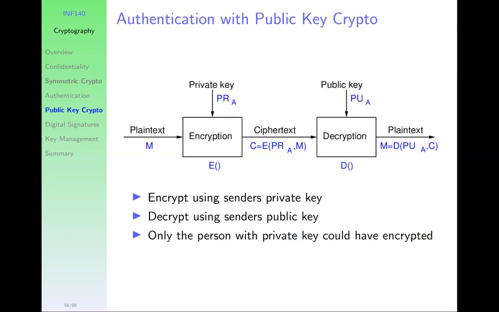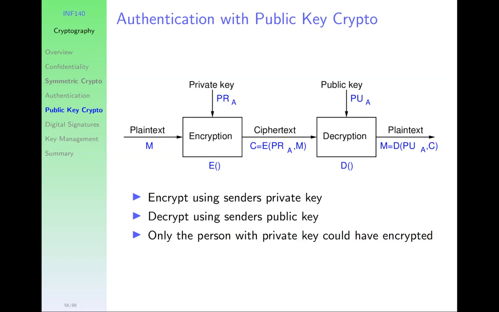Another is authentication. Here we again use Alice as a sender, Bob as a receiver. Bob wants to make sure the message he receives is exactly from Alice. In this case, Alice encrypts M with her private key, and Alice's public key is known to everyone, including Bob. Alice sends the ciphertext to Bob.